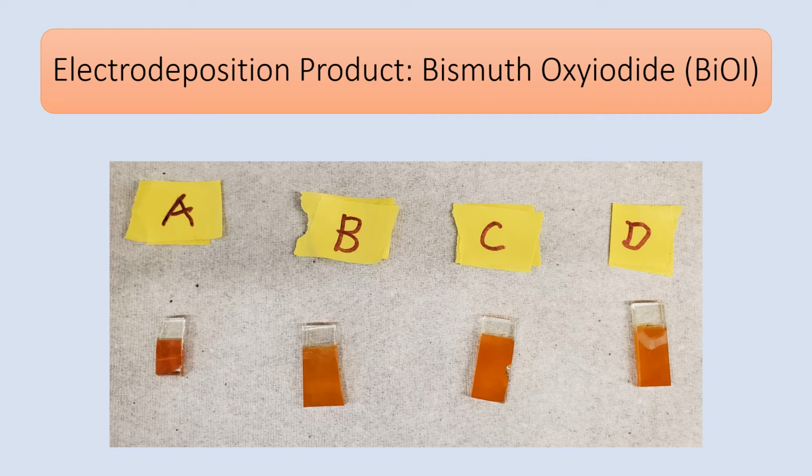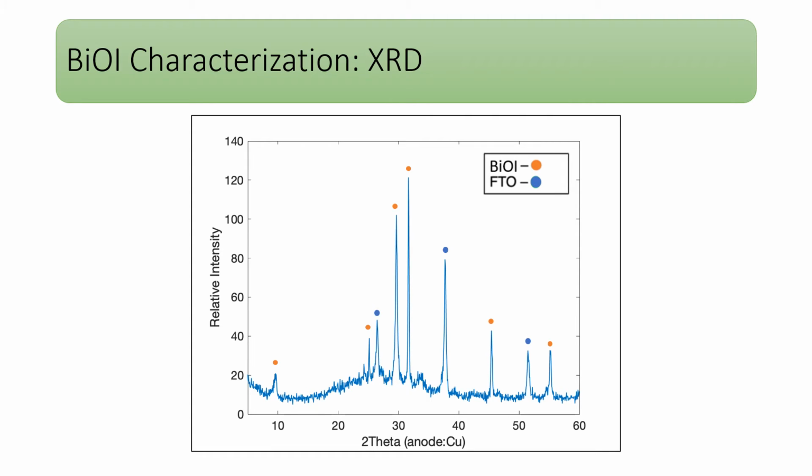So these are the resulting films that arose from the electrodeposition. The dark orange is the bismuth oxyiodide on the clear FTO films. Upon producing these films, we had to make sure that the compound was actually bismuth oxyiodide. So we characterized them using X-ray diffraction.